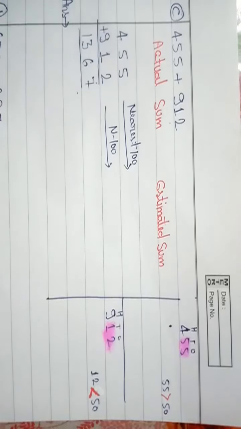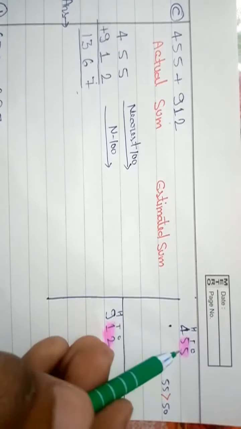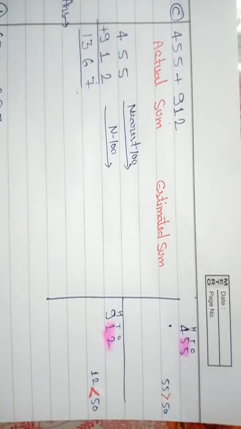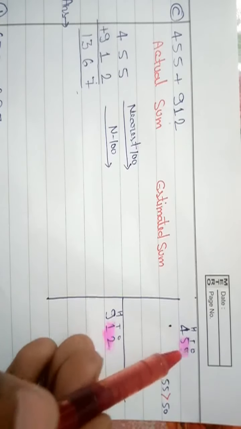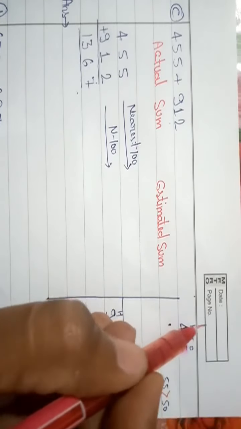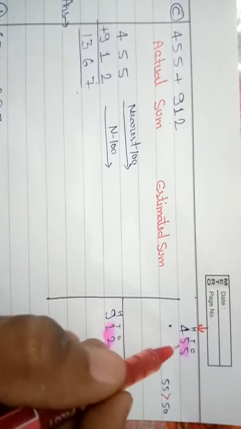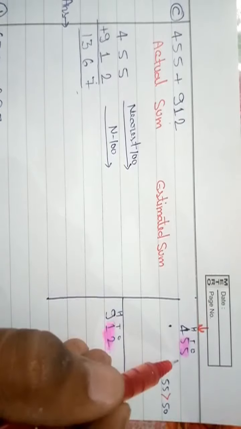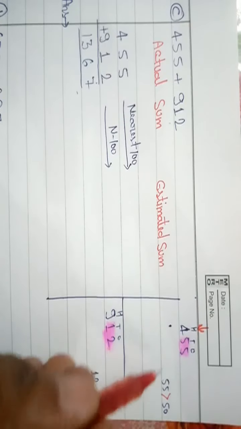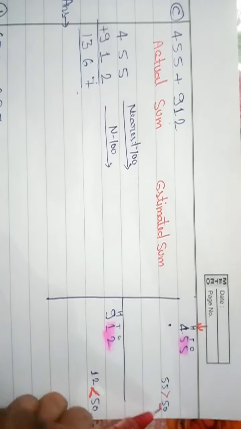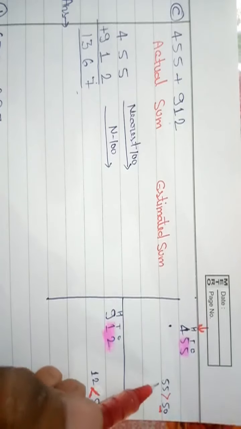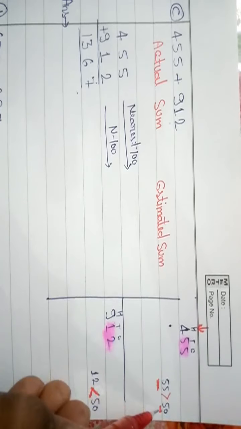Nearest 100 of 455. Let's see here. We have written the number, targeted the digit, highlighted our right hand side place, and compared the highlighted digit with 50. Here you are seeing 55 is bigger than 50.